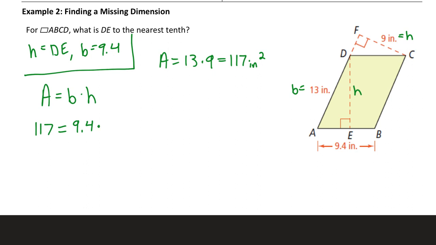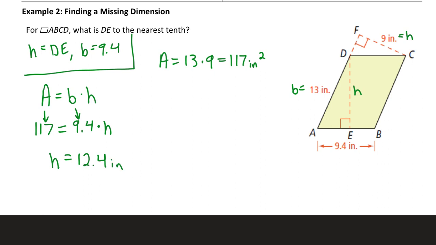I don't know the height according to a base of 9.4. So I substitute 9.4 for the base, 117 for the area, and to solve this, I just have to do 117 divided by 9.4. And I'm going to have to round this. So I'm going to round it to the nearest tenth, since that's what the directions say, 12.4.